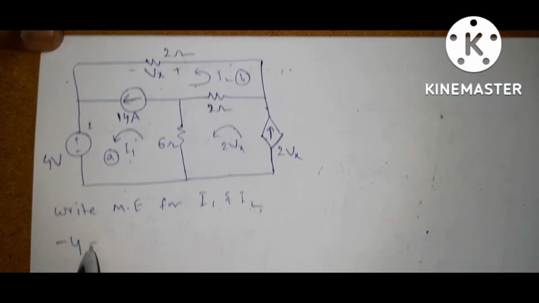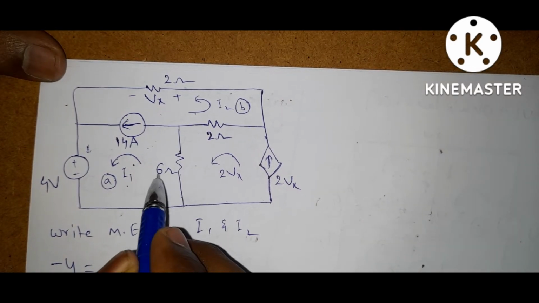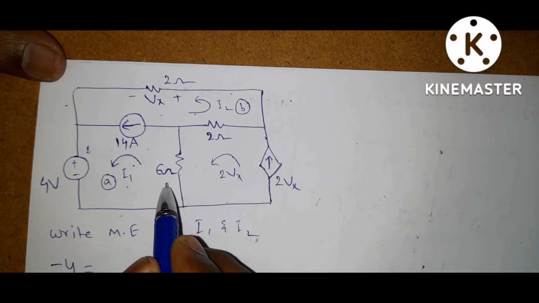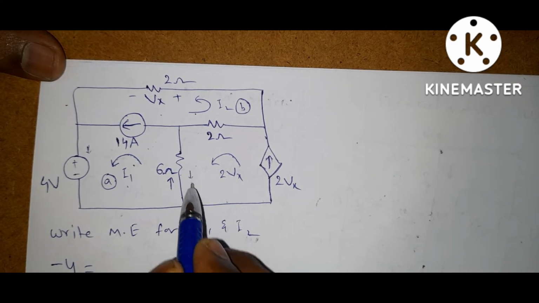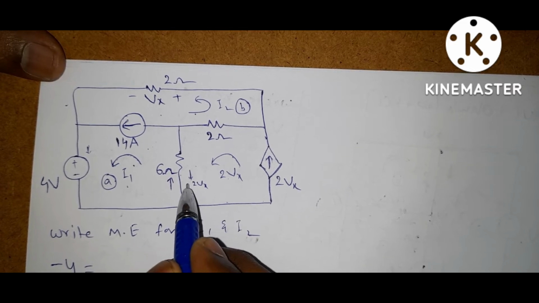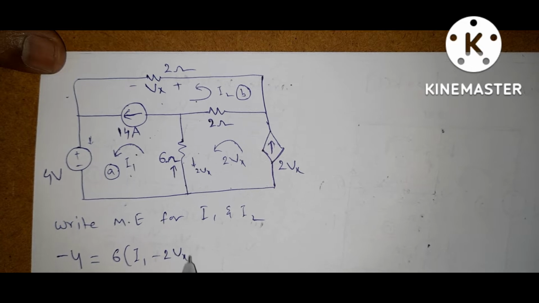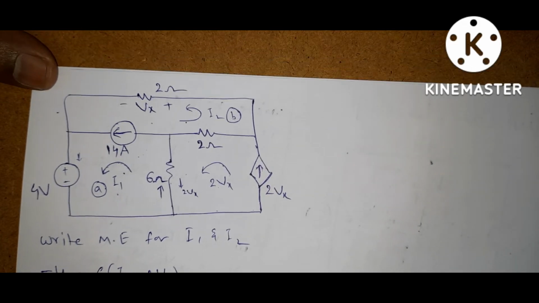So this -4 is equal to, now coming to the passive elements, this is 6 ohms and the current is upwards and this 2Vx current is downwards. So 6 into I1 minus 2Vx, both are in opposite directions.